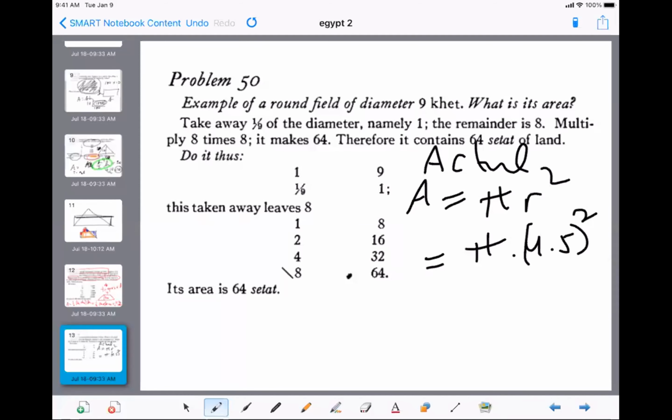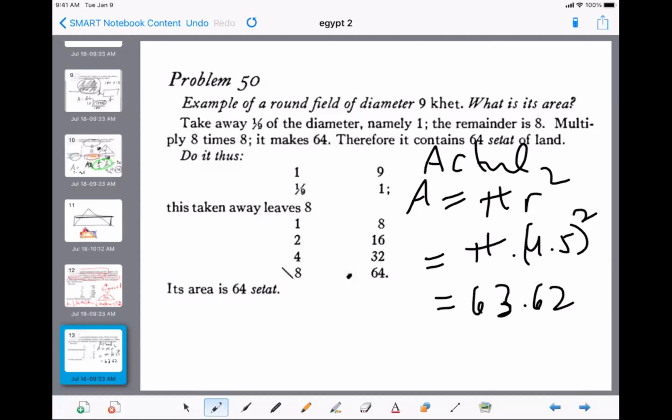Now pi itself was not discovered or invented until Greek times. We're going to learn about Archimedes in 250 BC, coming up with pi and using the formula pi r squared.